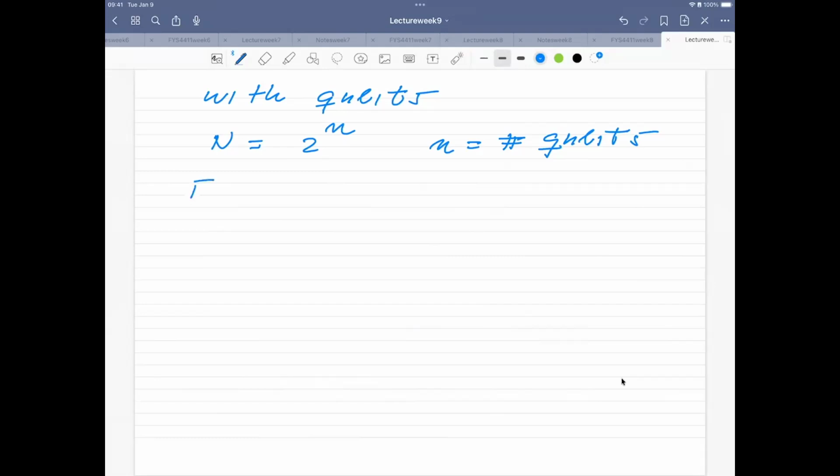And the obvious case is actually that of n equal to 1. So that means that N is equal to 2. And in our case, that translates into qubit 0 and qubit 1. Okay? So this is our basis.